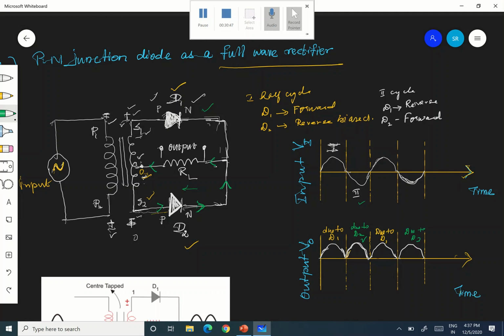But here, because there are two diodes, D1 conducts during the first positive half cycle, and D2 conducts during the negative half cycle of the input, so that at every time one of the diodes is forward biased. Either D1 or D2, so that the current through the load is always in the same direction, that is from right to left.